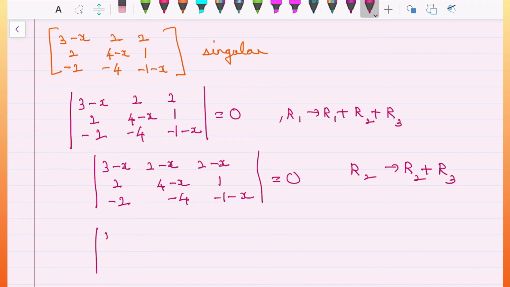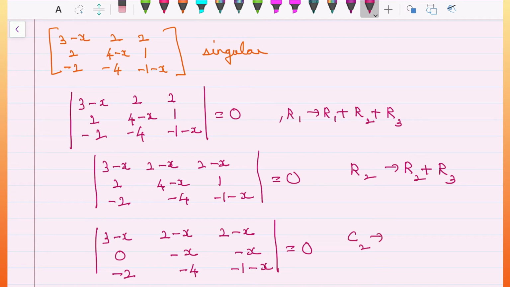So that would reduce to 3 minus x, the first row remains the same, and the second row would be 0, minus x, minus 2, minus 4, minus 1 minus x equal to 0.